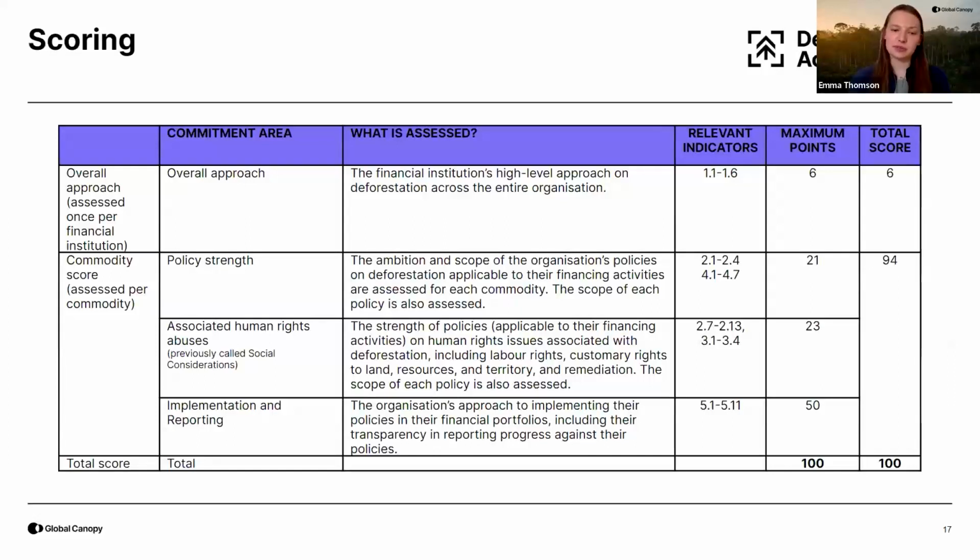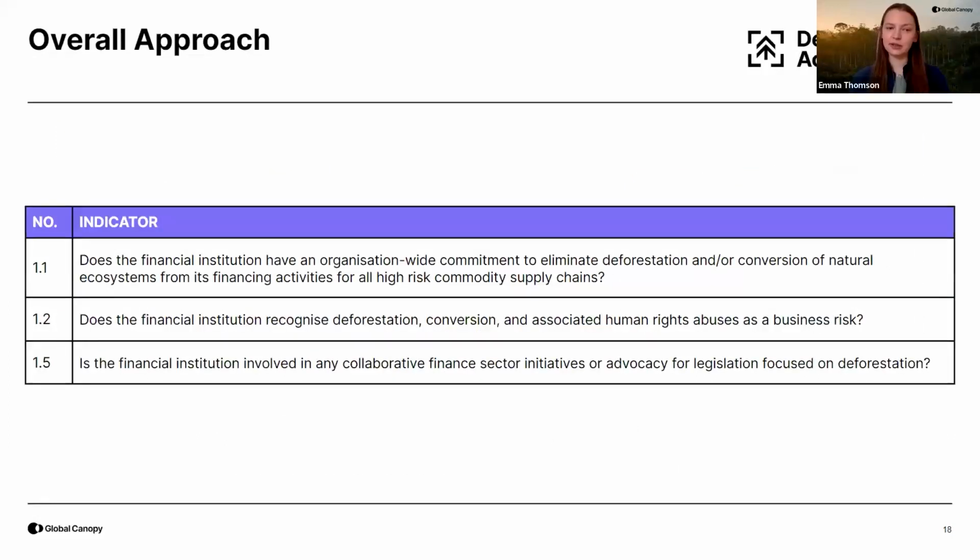Associated human rights abuses is worth 23 points for each commodity, and implementation and reporting is worth 50 points for each commodity. So those 3 final sections are all assessed once for palm oil, for soy, for cattle products, and for timber products. And then collectively, that adds up to your score out of 100. Next slide, please.